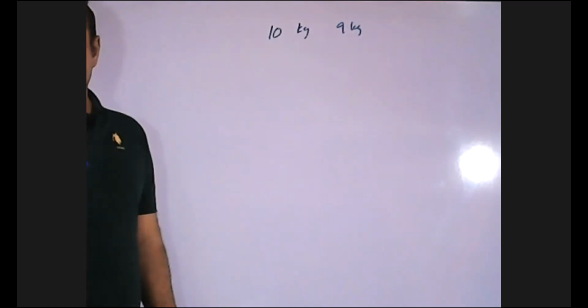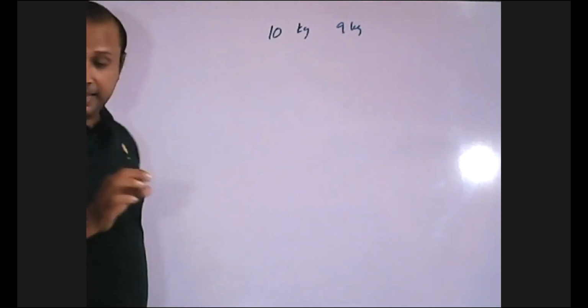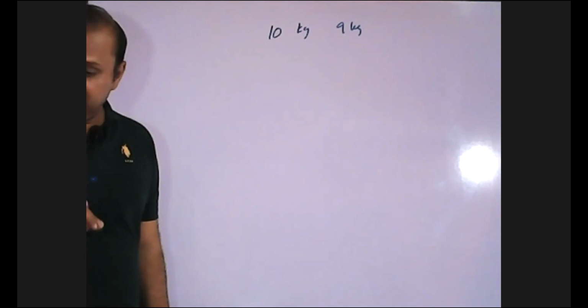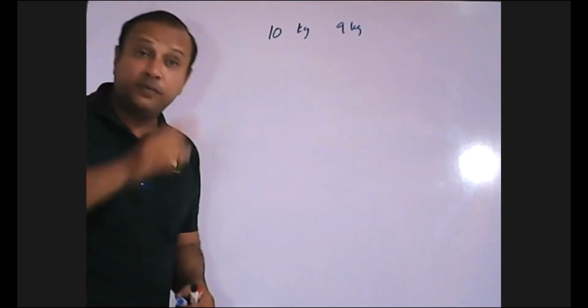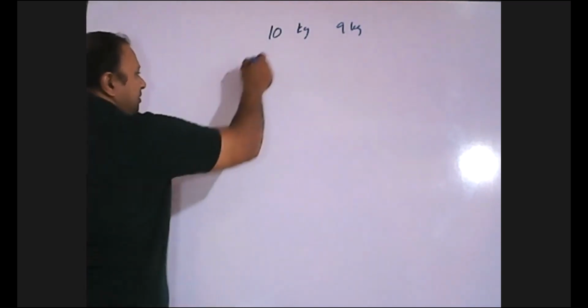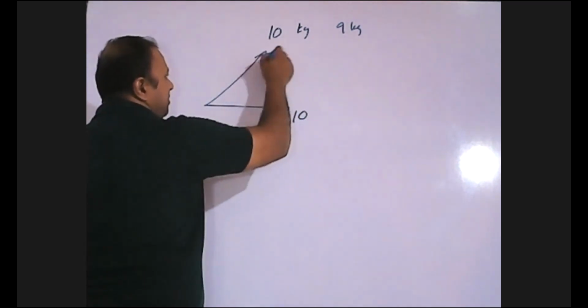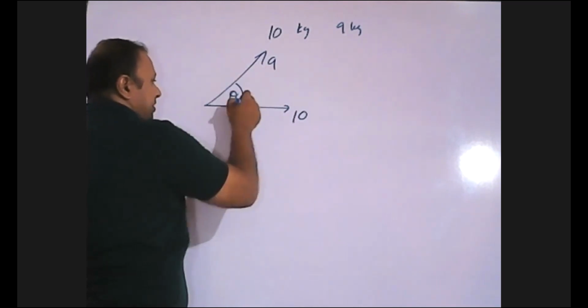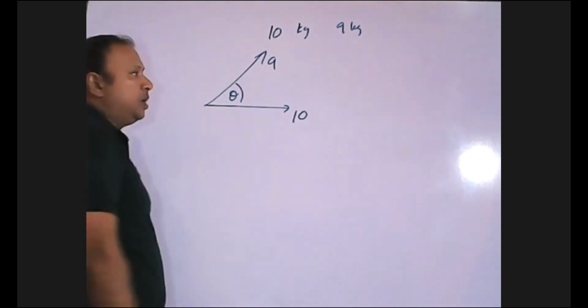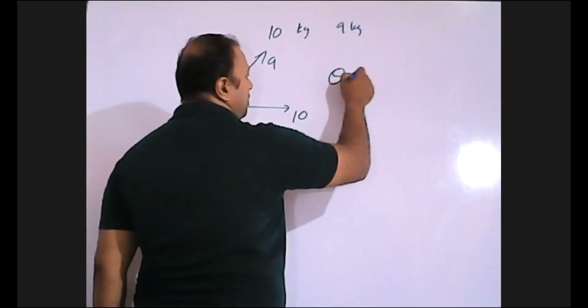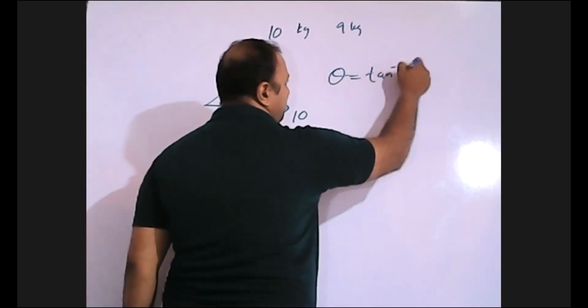Then the angle between these two forces is equal to tan inverse 4/3. Look at this, this is 10, this is 9, and the angle theta is equal to tan inverse 4/3.